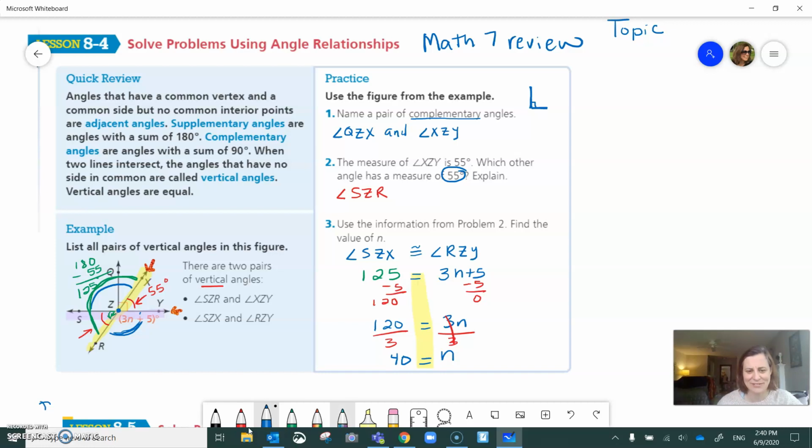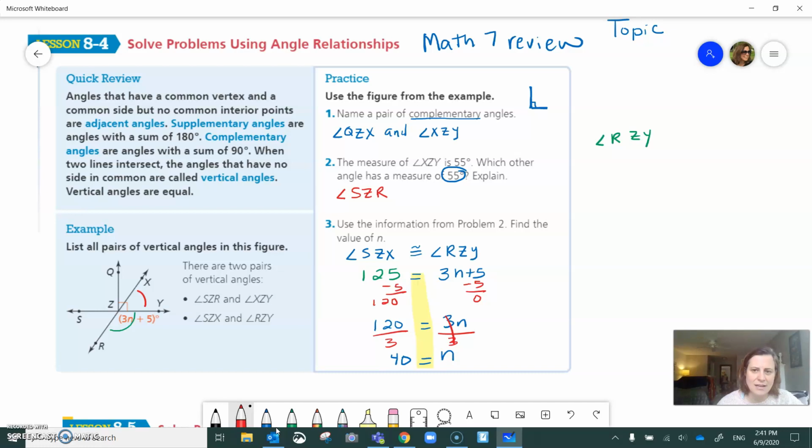If I was going to do that a different way, though, look at a different way to do this. So this angle and this angle together make 180. I'm going to write that down. Angle RZY is that one.